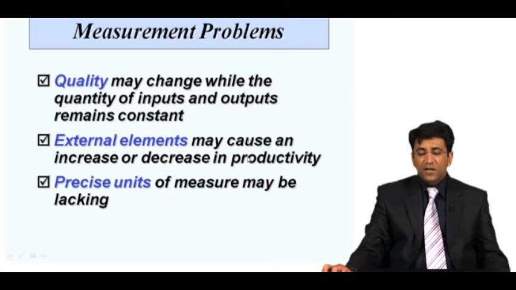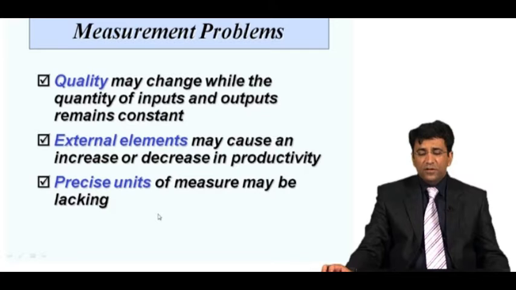Then external elements may also cause an increase or decrease in the productivity. Now we are taking into account the different inputs as our denominator, but there may be other factors which can contribute towards productivity. So we'll have to take into account what external elements can affect our productivity.